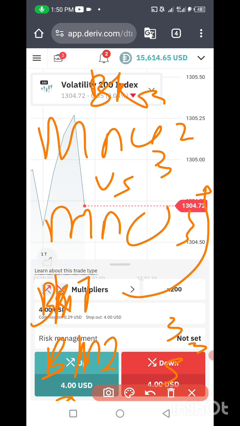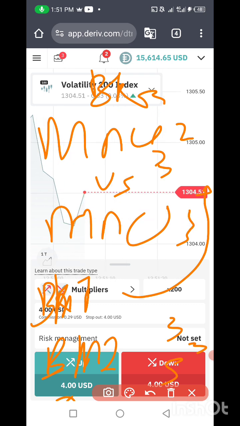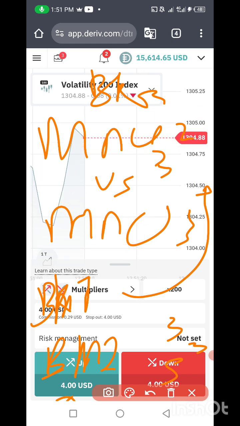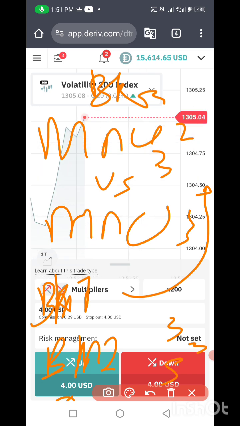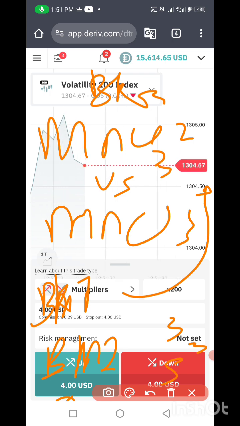You will lose in bookmaker 1 and lose in bookmaker 2, but you will win in bookmaker 3. When you win in bookmaker 3, you will recover all the losses in bookmaker 1 and 2.